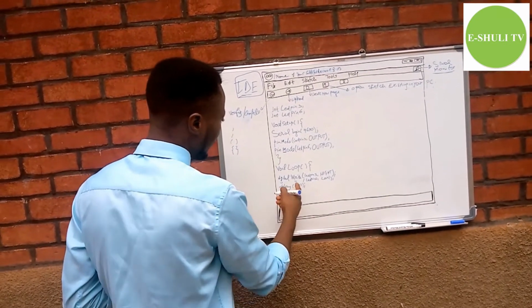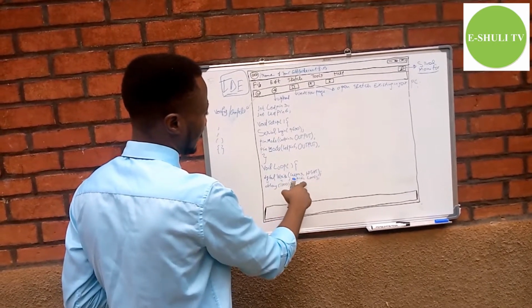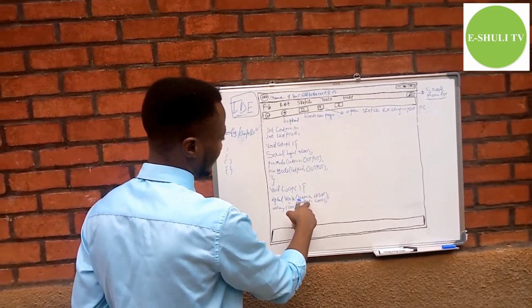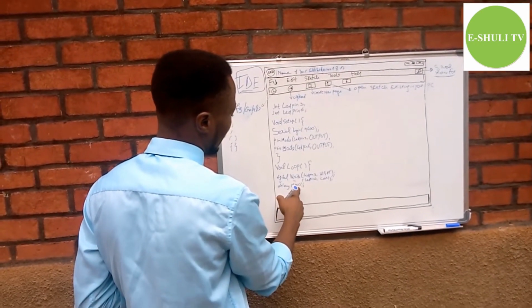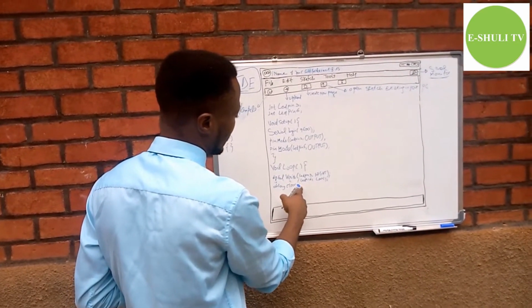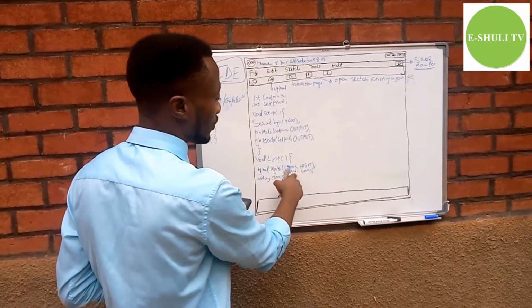Then this LED pin 3 will be HIGH, within 1000 milliseconds or 1 second, while this LED pin 6 will be LOW.